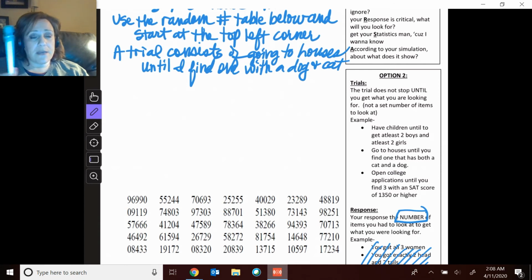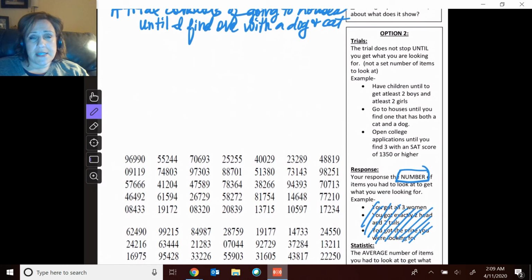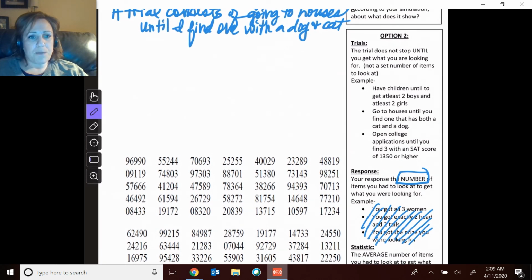Okay, so let's now think about the other thing. A trial consists of what do you ignore? Sometimes that might help you when you go down here to the bottom. That might help you to look at numbers to kind of think about that. So I'm going to come down here and do this.